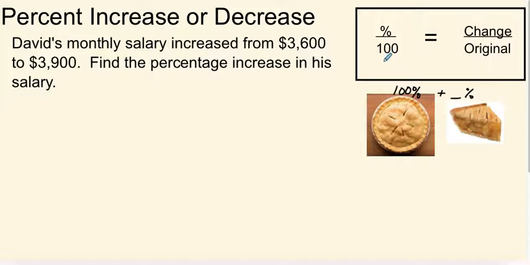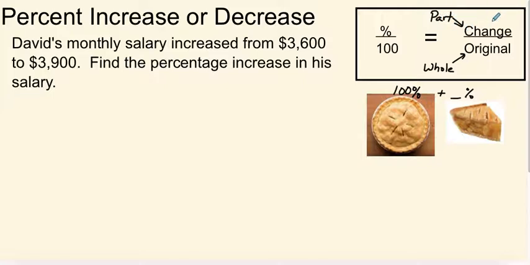The other thing that you should notice is that percent is always a number out of 100. Percent, of course, meaning per 100. And usually we think of that as the part of the whole, the 100 representing the whole amount, and the part is the percent at the top. When we're talking about percent increase or decrease, the whole is what we start from, or the original amount, and the part is how are we changing?